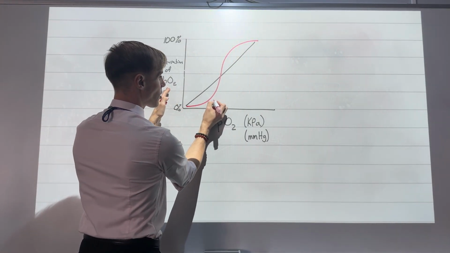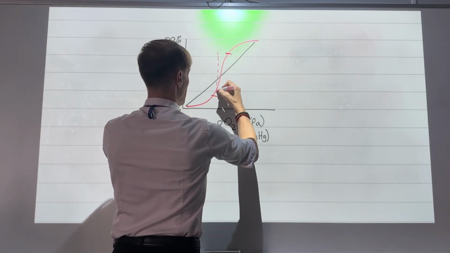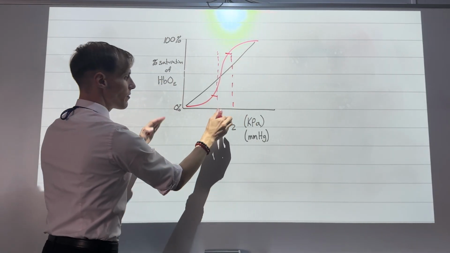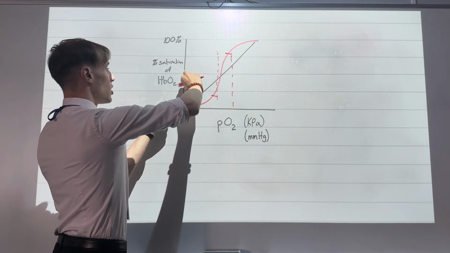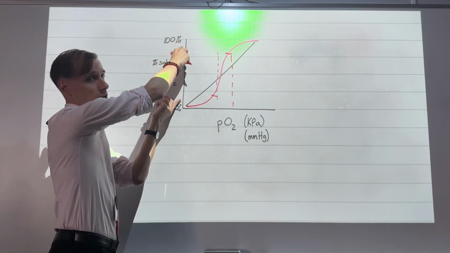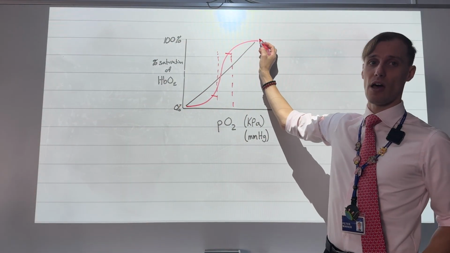But at some critical point, you see that at a very narrow band here, a very small increase in partial pressure of oxygen has a very large increase in the percent saturation. And then once we approach 100, it starts to level off again.